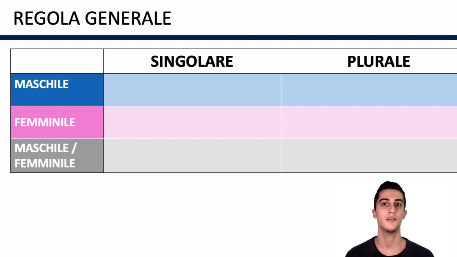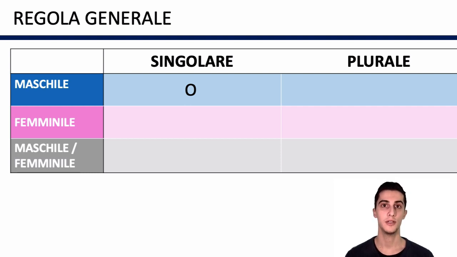Let's have a look. There's a general rule in Italian that says that all the nouns that end with the letter O are masculine and are singular. For example, gatto, which is cat, ends with the letter O, which tells us that gatto is a masculine noun and it's singular.